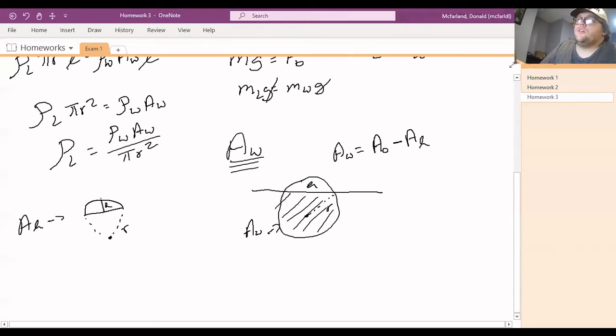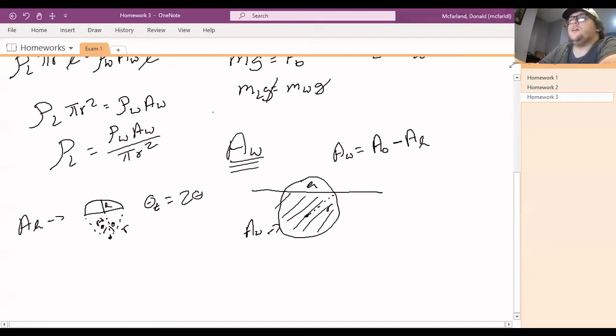Since this entire length will be R, the length from here to here will have to be R minus h. Then you're going to have 2 thetas here, which means the total theta of the whole region is going to be 2 theta.